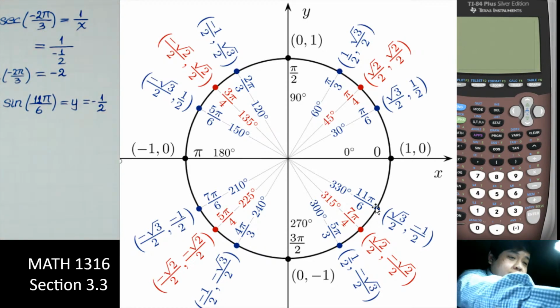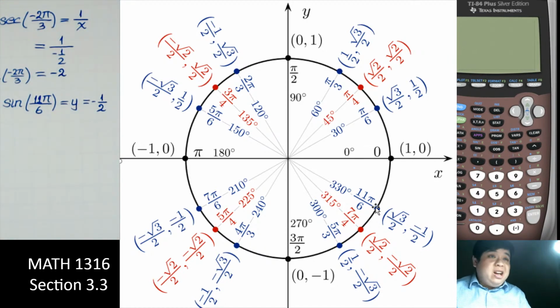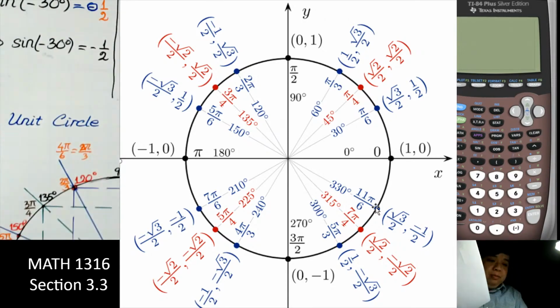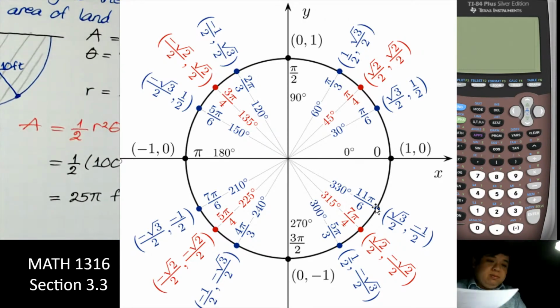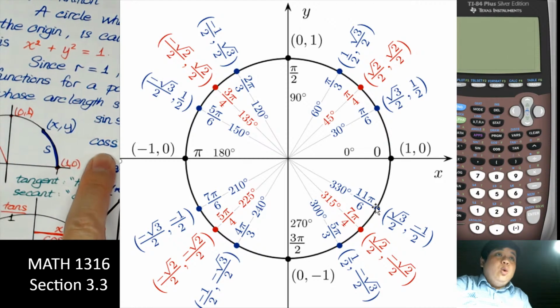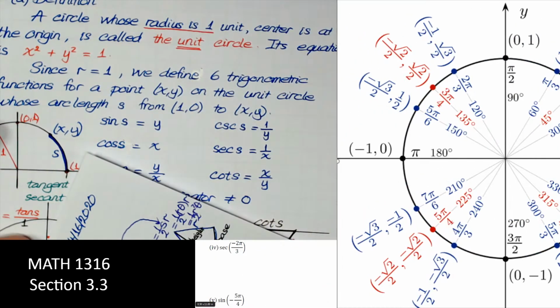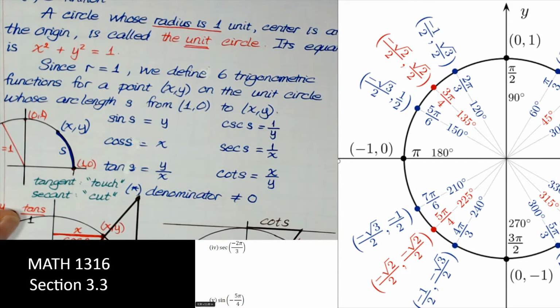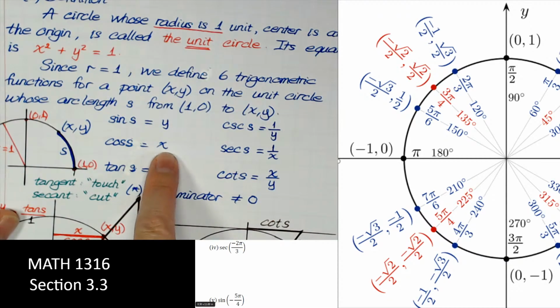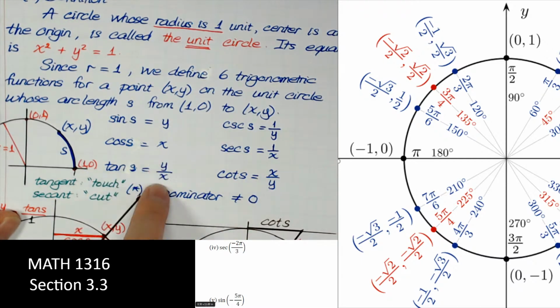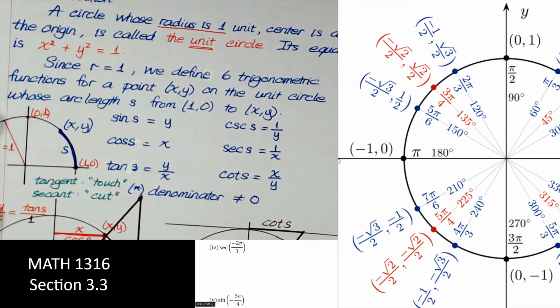And then how about the tangent, cotangent, secant, and cosecant? Well, that's not too bad. We define cosine is x, secant is 1 over x, cosecant is 1 over y, tangent is y over x, cotangent is x over y.